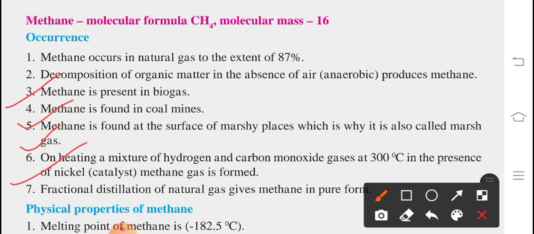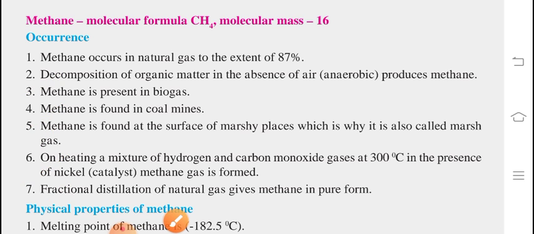On heating a mixture of hydrogen and carbon monoxide gases at 300 degrees Celsius in the presence of nickel, methane gas is formed. Fractional distillation of natural gas gives methane in pure form.